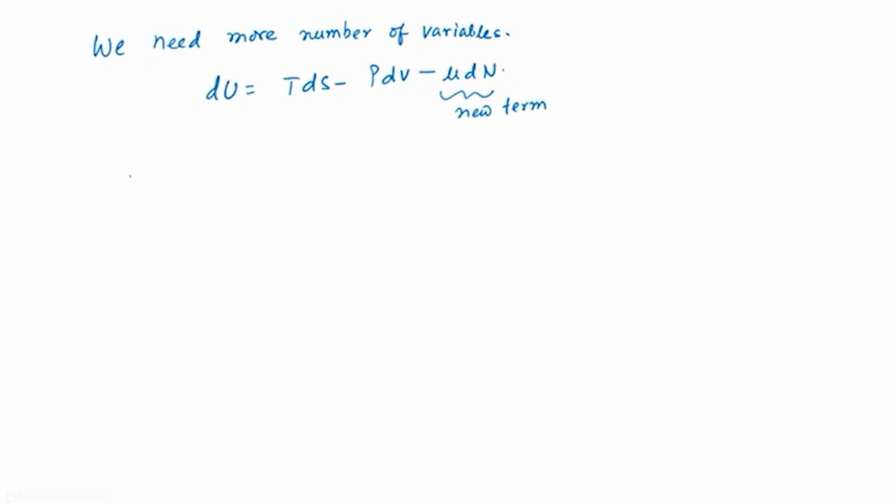We had earlier seen that U is a function of these independent variables, which are S and V, and now we change this to U of S, V and N, where N denotes the number of particles.